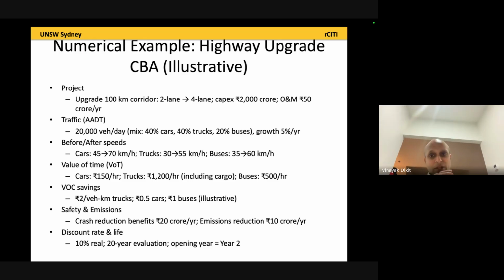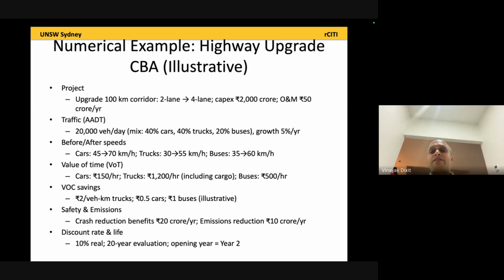The capex is the initial cost of building it. The cost to build this is 2,000 crores, and it takes 2 years to build. The first year it is going to be 60%, the next year 40%. So that is the first result.